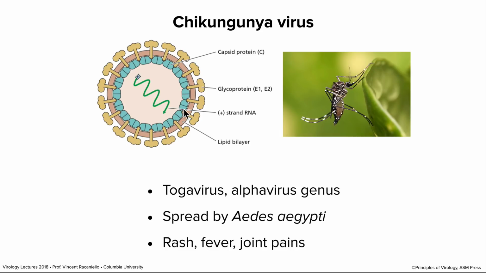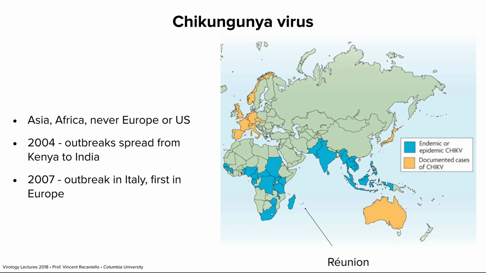These viruses are vectored by Aedes aegypti mosquitoes. When you get infected with this virus delivered by the bite of an Aedes aegypti, you develop rash, fever, and joint pains. Now, where is this virus infection seen? Historically, it was mainly in Asia and Africa, and that's shown by the blue on this map.